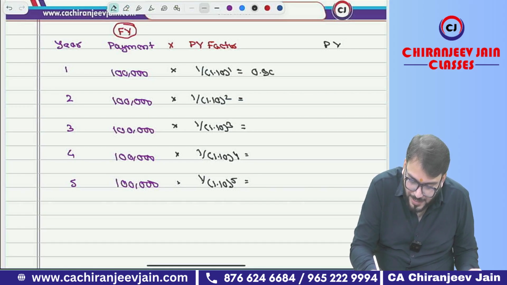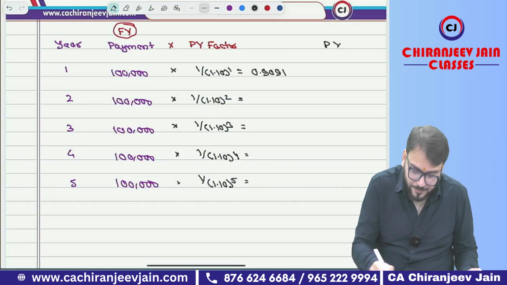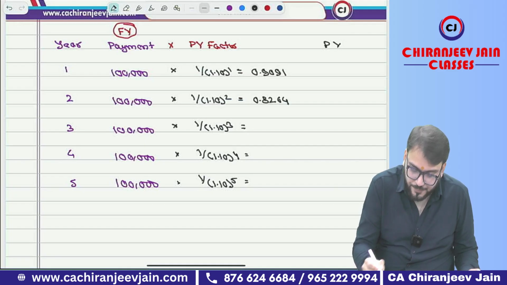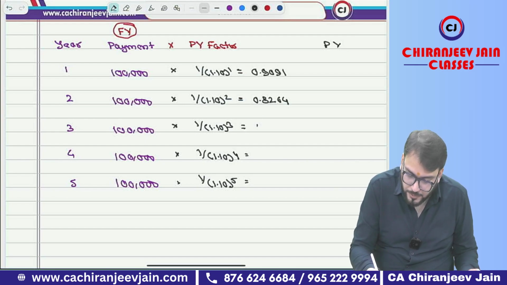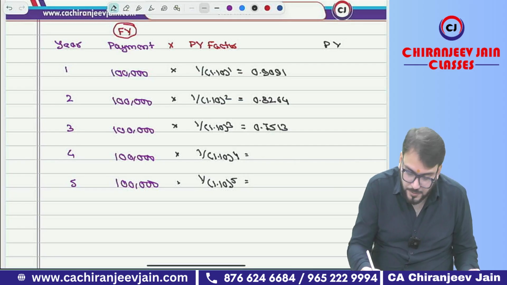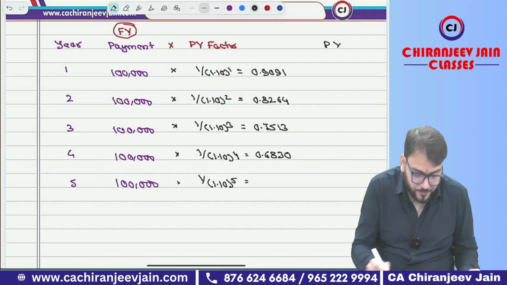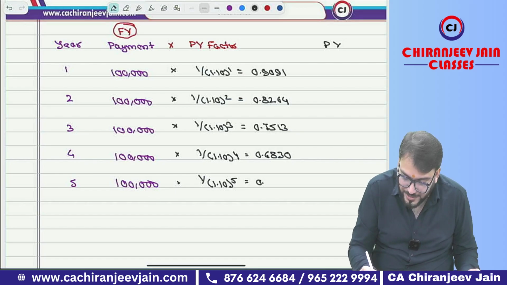It is 0.9091, 0.8264, 0.7513, 0.6830, 0.6209. First you calculate this.